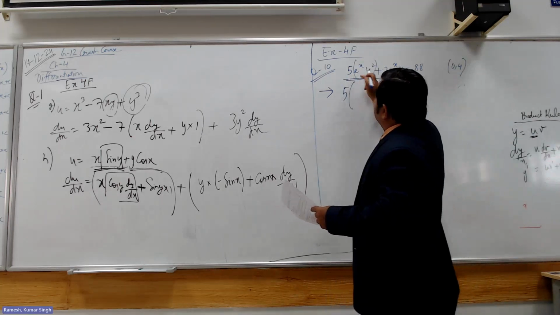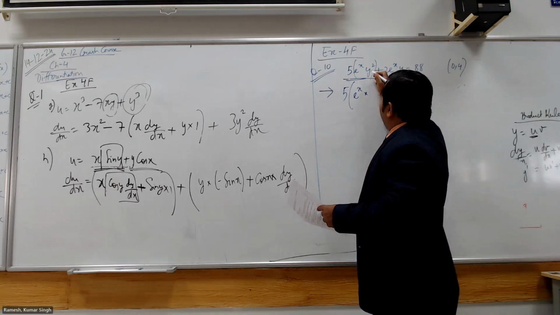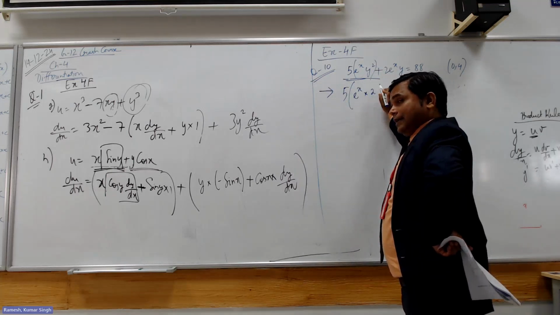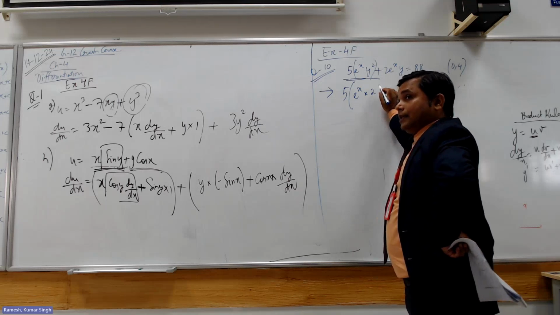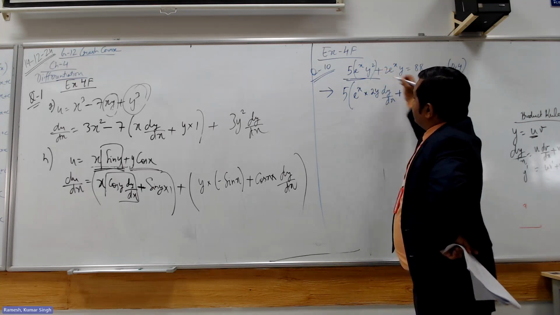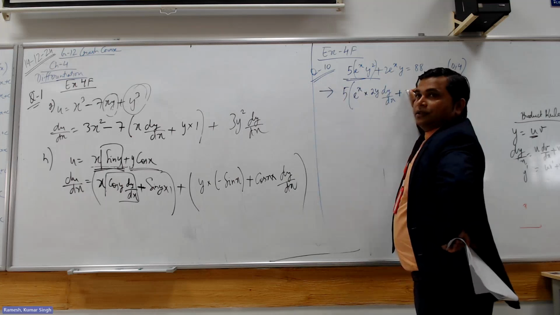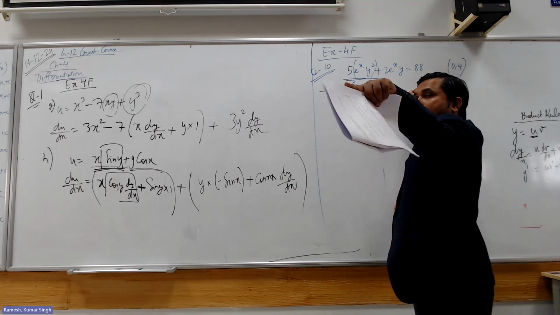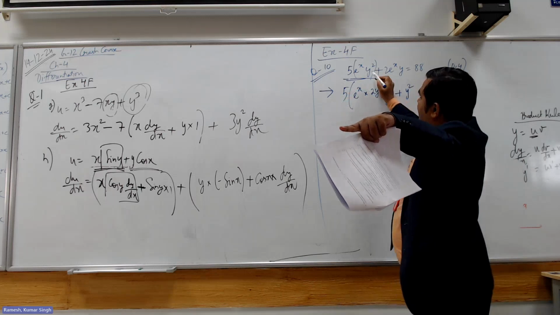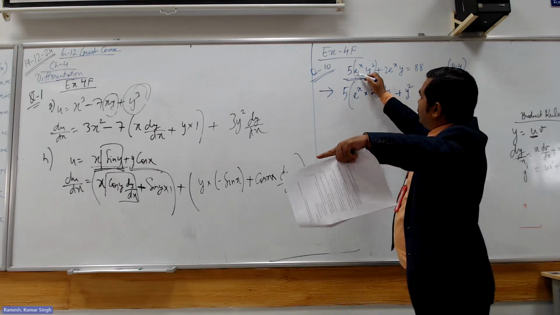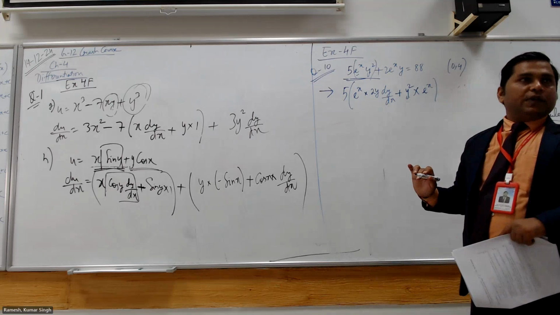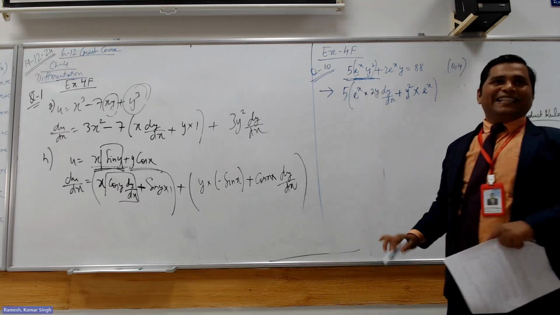So 5 as it is, e to the power x, differentiation of y squared, times dy over dx, plus y squared times the differentiation of e to the power x, which is e to the power x. Is that clear? So that's the differentiation of 5 e to the power x y squared.